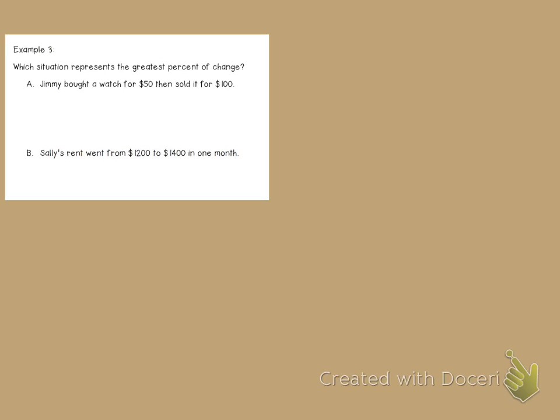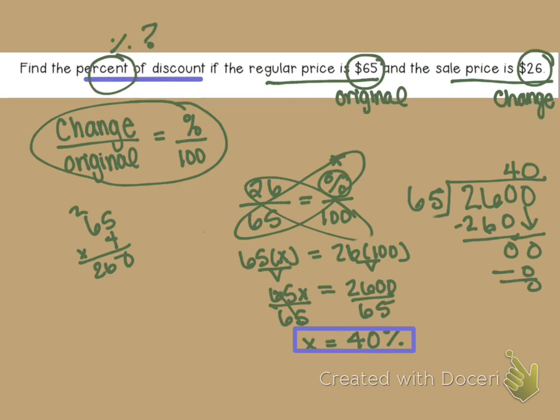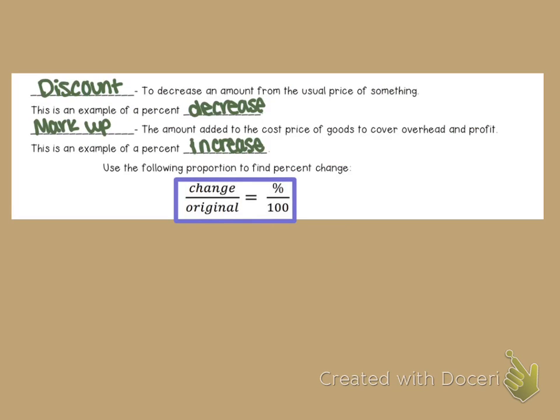And then example 3 says, which situation represents the greatest percent of change? Again, we're going to use this original, change over original equals percent over 100.